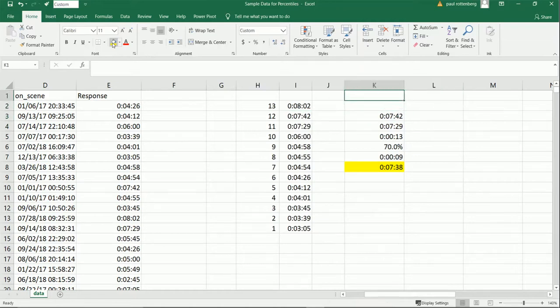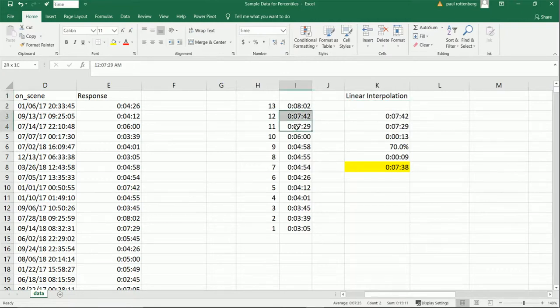And this process is called linear interpolation. It's a statistical term, but it's important. It's the process of finding, in a straight line, the distance between here and here and any given point on that line. So rank order 11.7 again is 738.